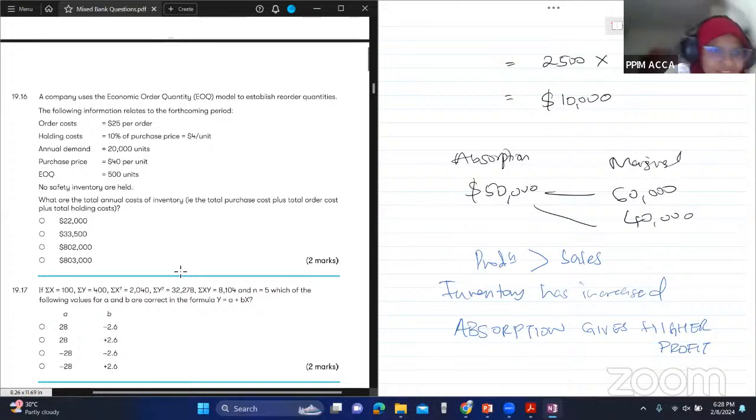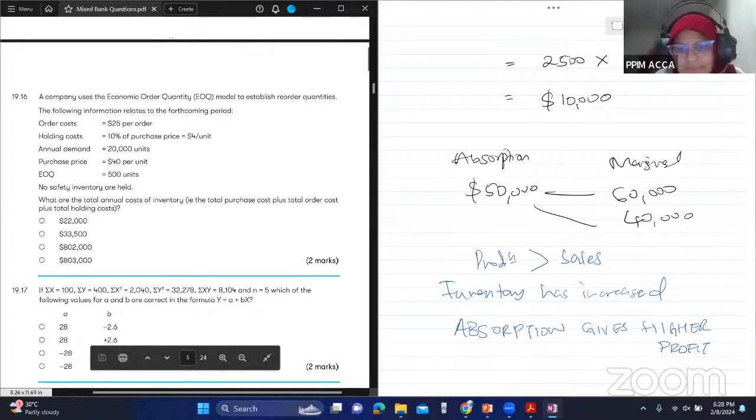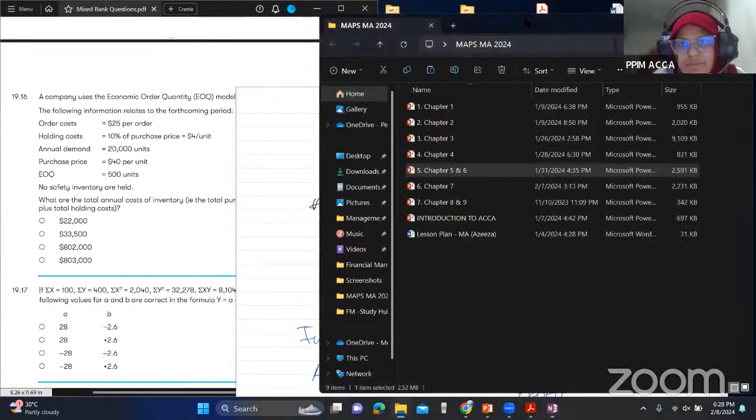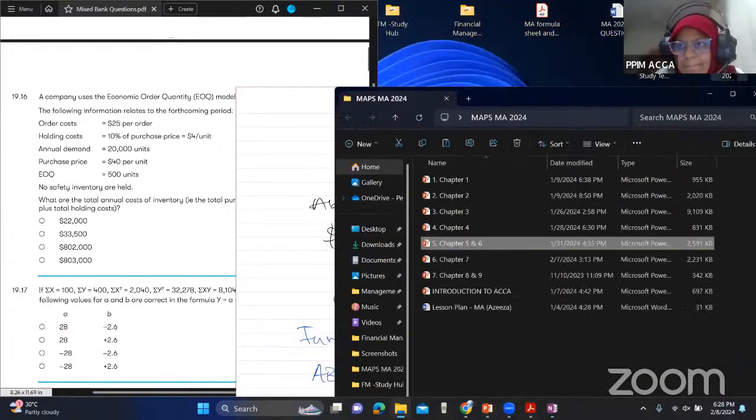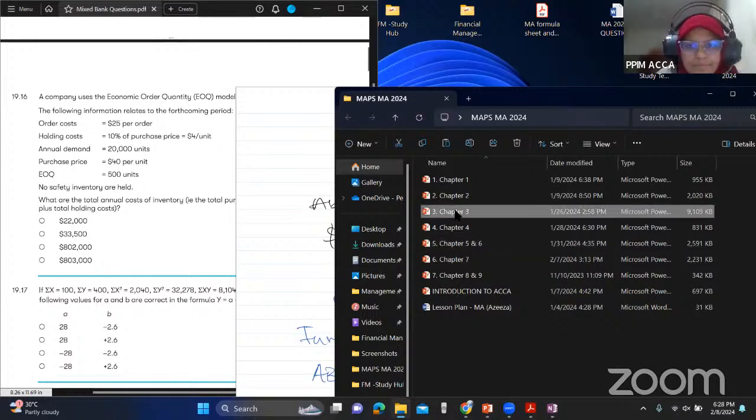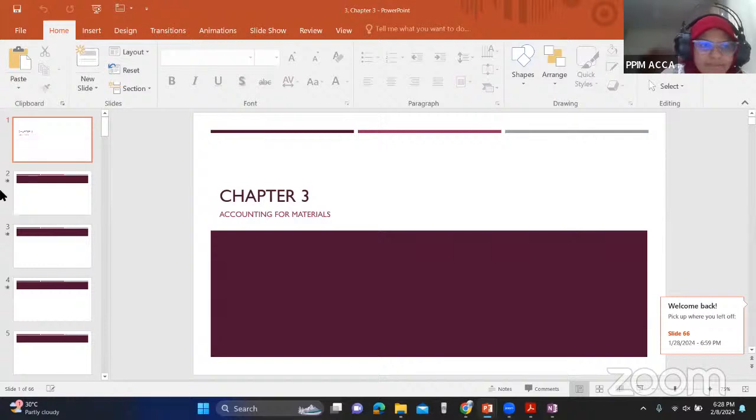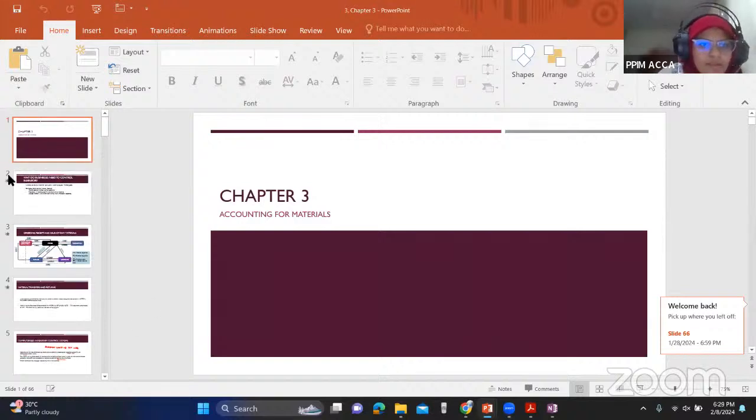After my summary, you shouldn't have a problem with any question to do with accounting for materials. So let me go to my slides first. And let me quickly go through what accounting for materials is about. So this goes as chapter 3 in the Kaplan study text. Right. So let's go through it in detail.